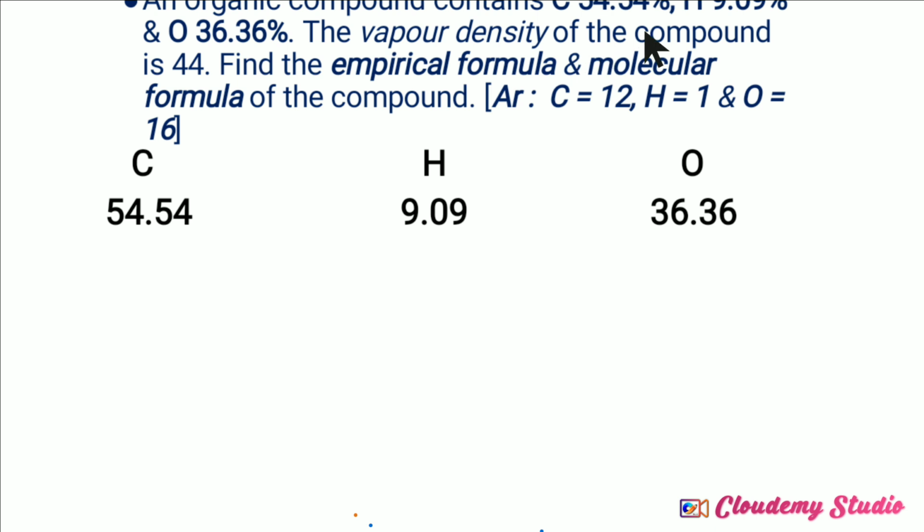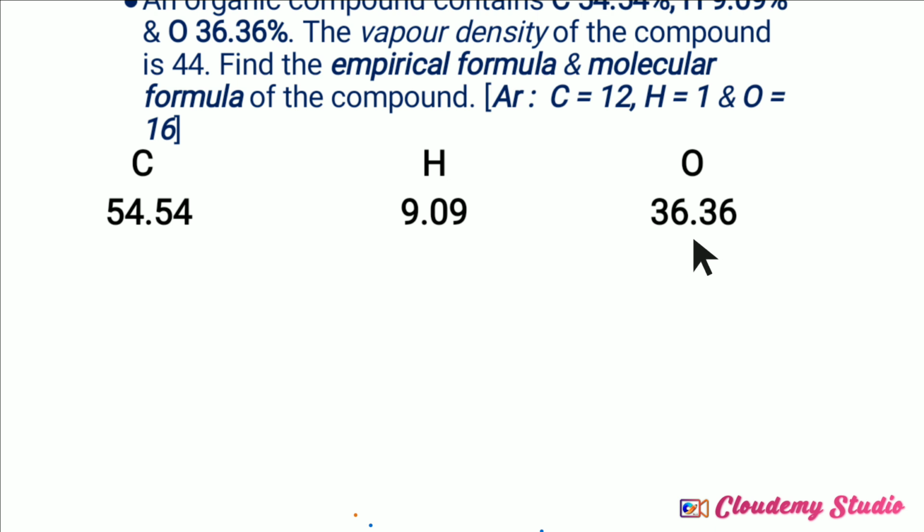In the question the percentage mass of carbon was given as 54.54%. Now we have converted it into 54.54 gram. So carbon, the mass is 54.54 gram. Hydrogen, it is 9.09 gram. Oxygen, it is 36.36 gram.